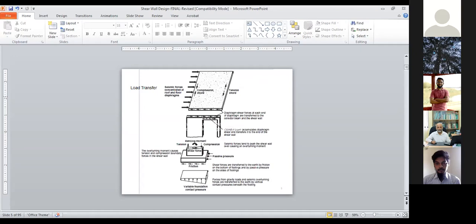If you have out of plane bending in the case of the shear wall, then I think that will reduce maybe your capacity of the section.